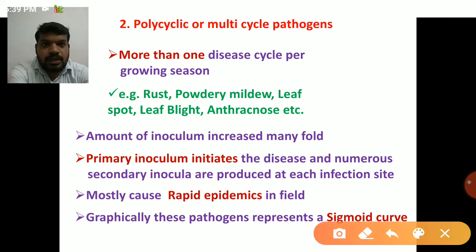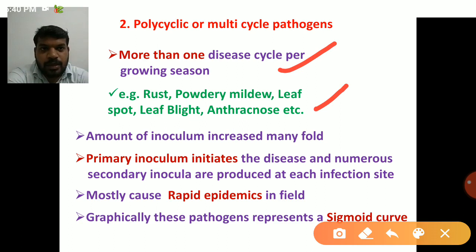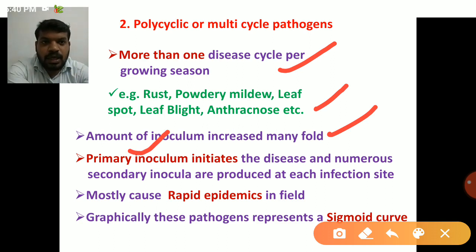So next one is polycyclic or multicycle pathogens. They complete more than one disease cycle per growing season. For example, rust, powdery mildew, leaf spot, leaf blight, anthracnose, etc. So the amount of inoculum increases many-fold in a particular crop season. In these polycyclic pathogens, disease is initiated by primary inoculum and it produces numerous secondary inocula.